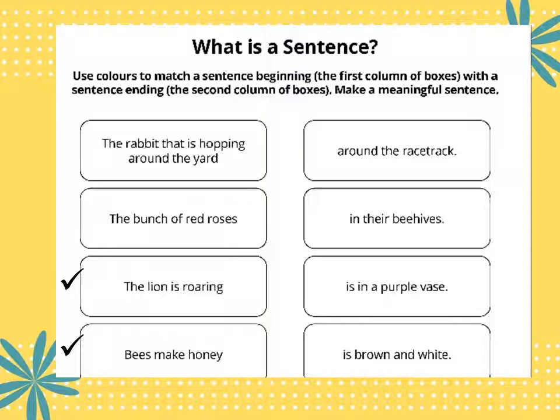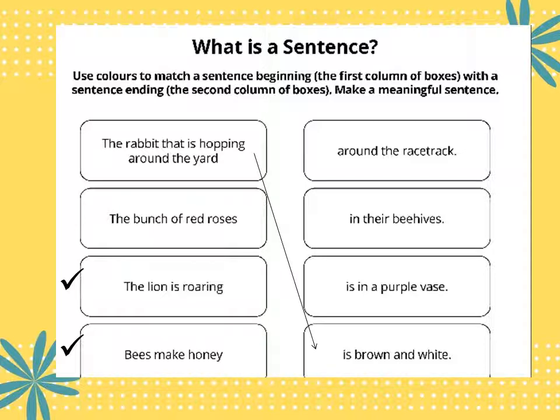Around the racetrack, in their beehives, is in a purple face, or is brown and white? It's brown and white, that's right. So in here, the rabbit that is hopping around the yard, this whole clause, this whole phrase will become the subject, and the predicate in here is with the complement brown and white.